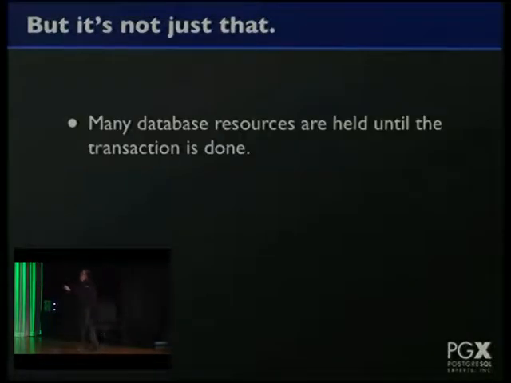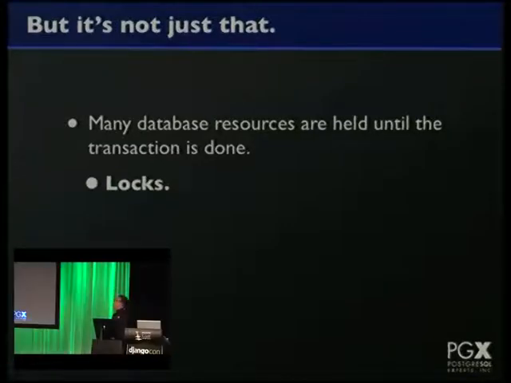But it's not just that. Because of the nature of transactionality in databases, a lot of database resources are allocated and released on transaction boundaries, and it's important to keep this in mind. The big one is locks. Locks tend to be, with one exception in PostgreSQL that we won't talk about because it's kind of an edge case, all released when the transaction ends.